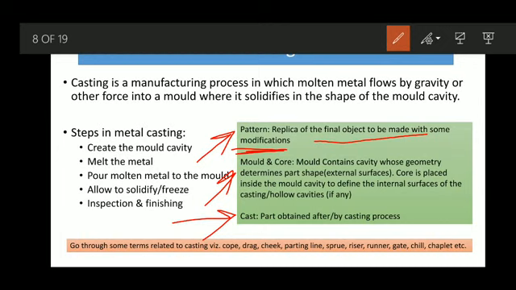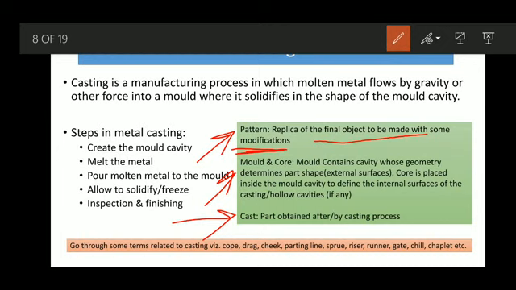That means we already know what kind of object we want, so we know its dimensions and shape. For making the mold cavity, initially we have to have the pattern, which is the replica of the final object, but certain allowances and sometimes other parts are added in the pattern. Some modification is possible.